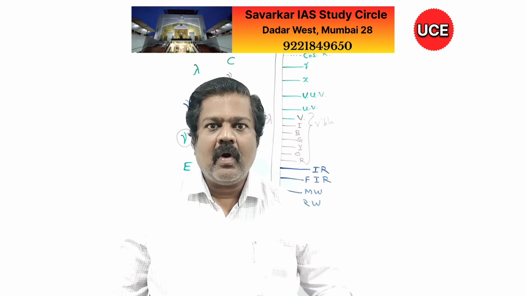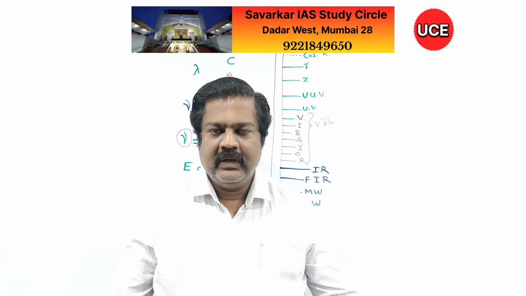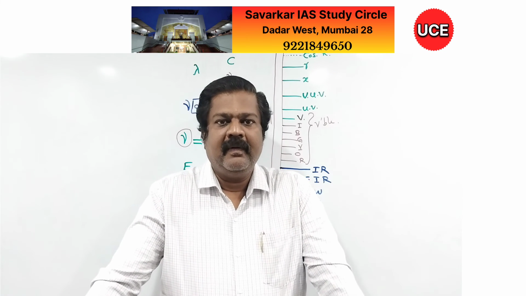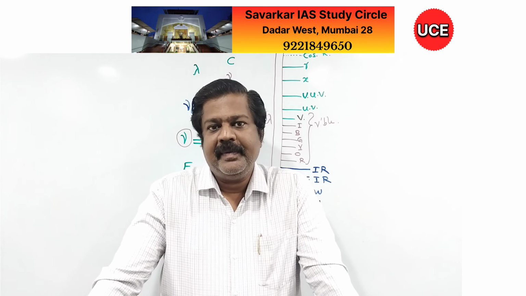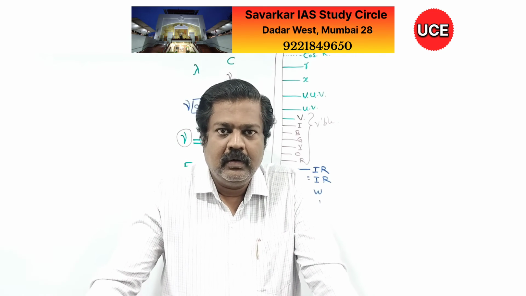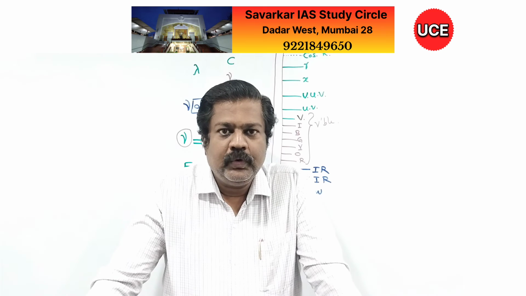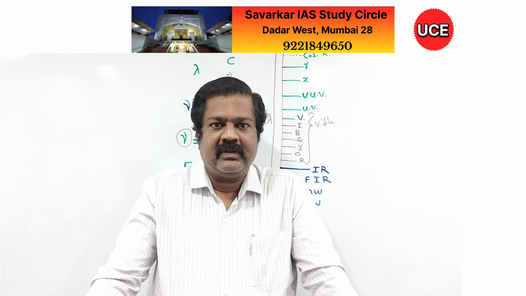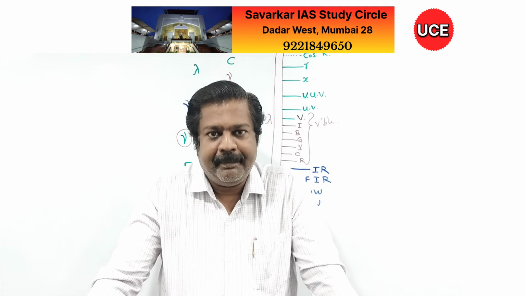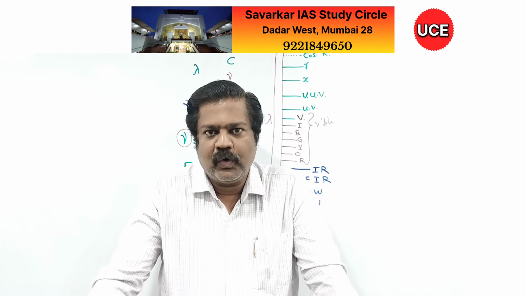That is called characteristic wavelength. For example, sodium: on heating, one of the spectra of sodium is golden yellow. A few years ago, you are aware that street lamps were called sodium vapor lamps. They have a golden yellow color.